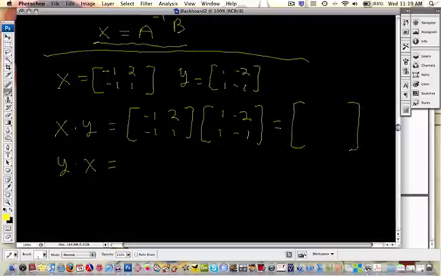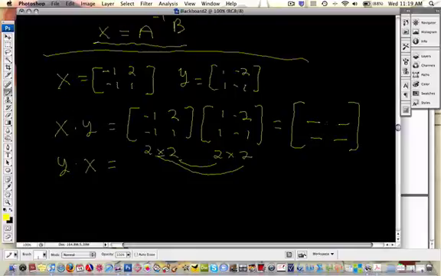Remember, for matrix multiplication, I want to check the dimensions of each of the factors. So 2 by 2, 2 rows, 2 columns. This is also a 2 by 2. The inner dimensions match up, and so it's defined, and the outer dimensions give us the dimensions of the product, a 2 by 2. So 2 rows and 2 columns.